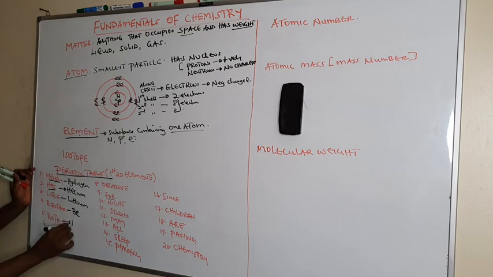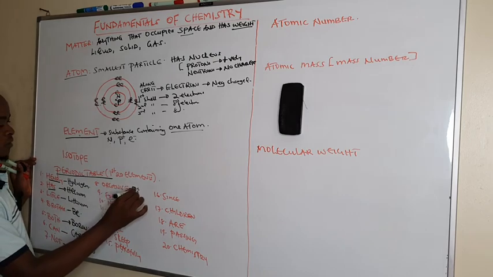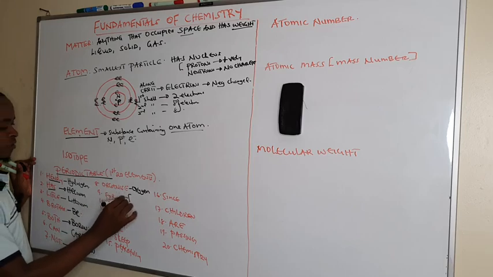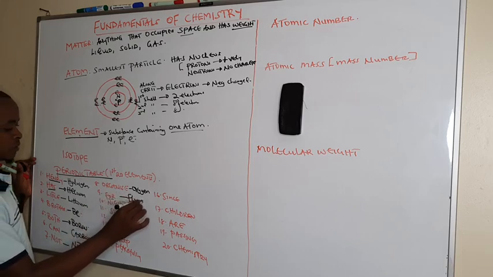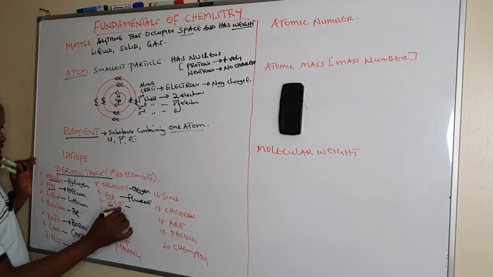Then we have boron. Then we have carbon. Then we have nitrogen. Then organize, this is oxygen. We have fluorine. We have night, this is for neon.